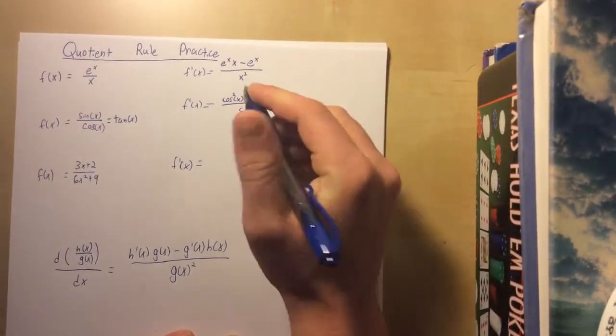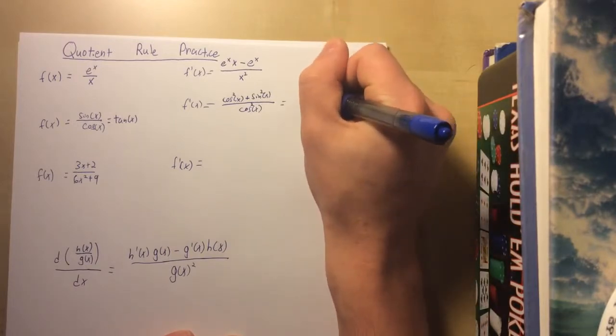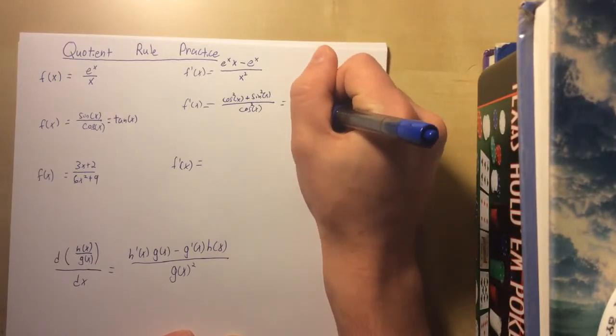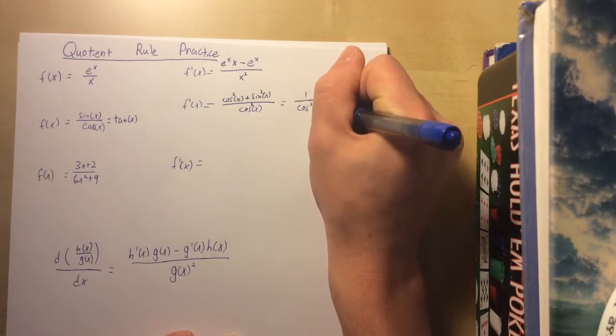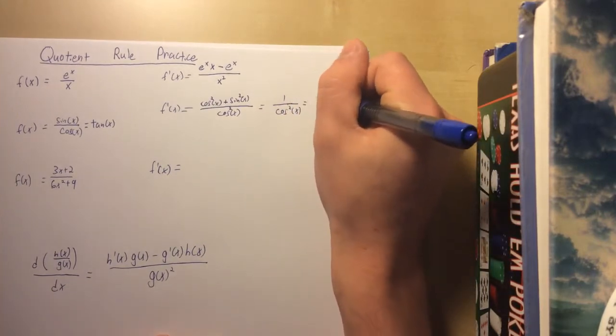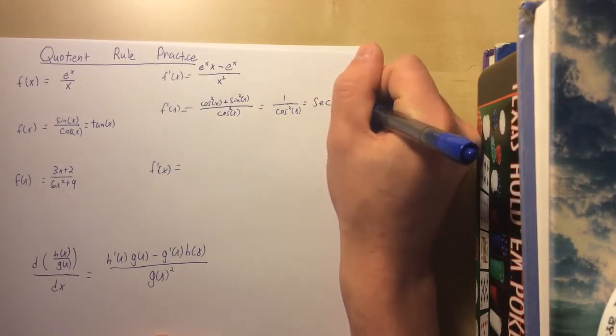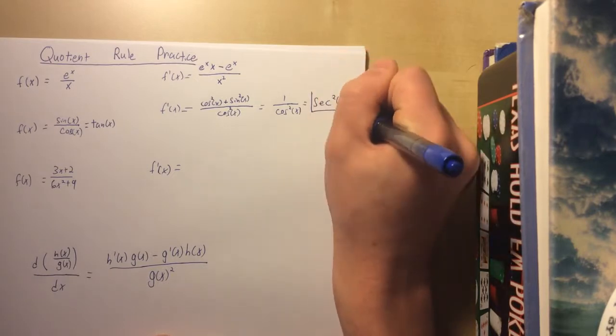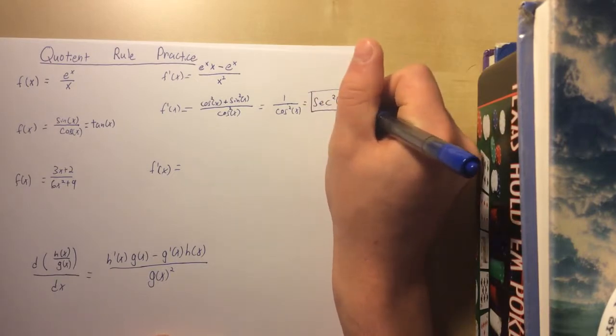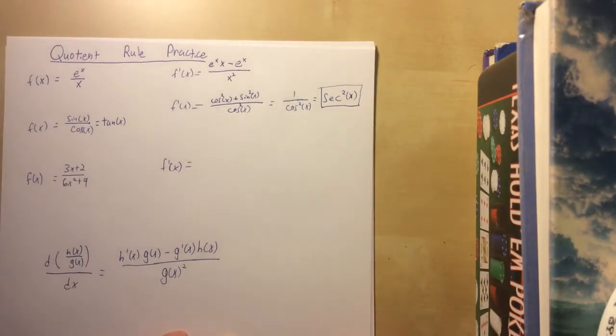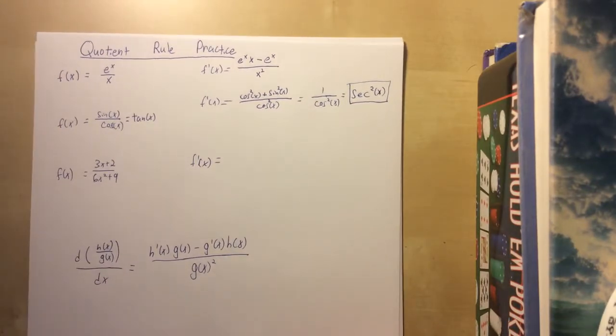And notice that cosine squared x plus sine squared x is 1, so that's equal to 1 over cosine squared x, which is equal to secant squared x. Memorize this. The derivative of tangent is secant squared. You guys definitely want to memorize that.